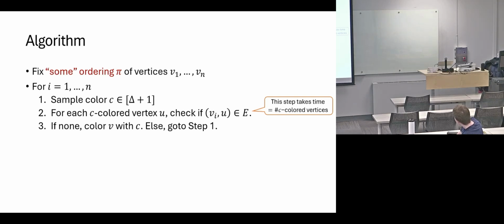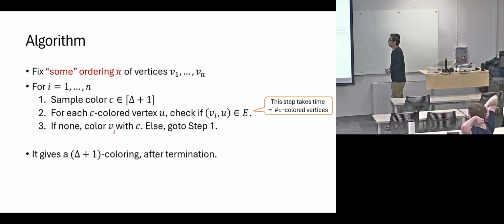You go to step 1 and resample. Just try again and again until you succeed. That's the algorithm. Any questions about the description? Good. Okay.